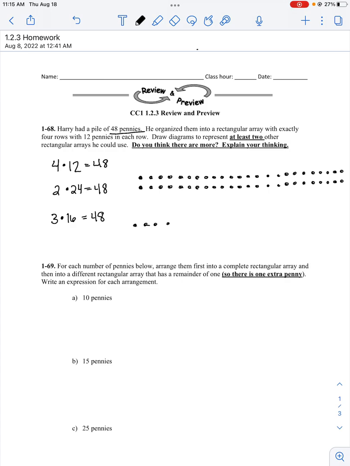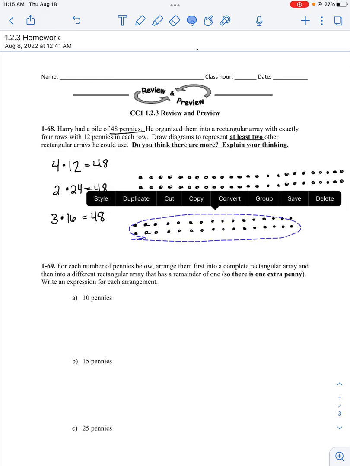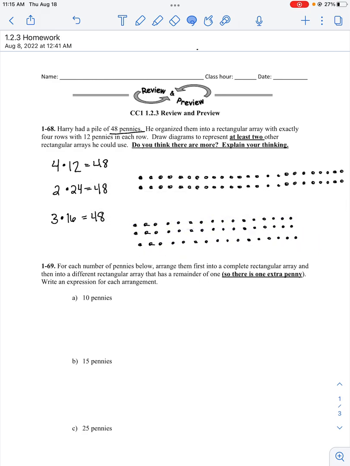So 1, 2, 3, 4, 5, 6, 7, 8, 9, 10, 11, 12, 13, 14, 15, 16. Three rows of 16.